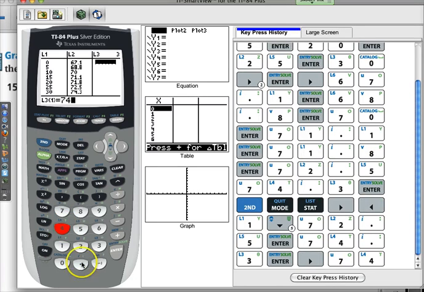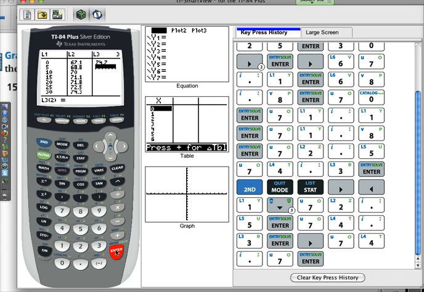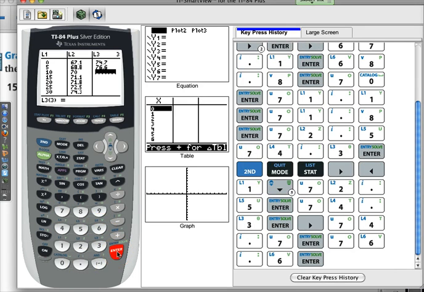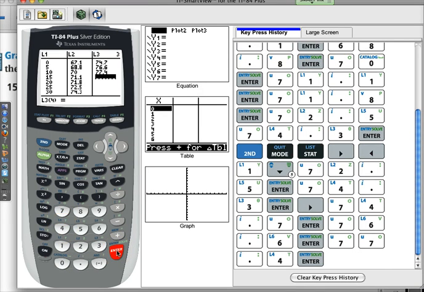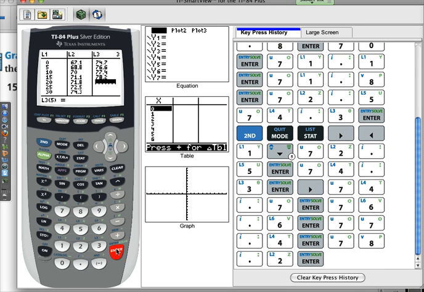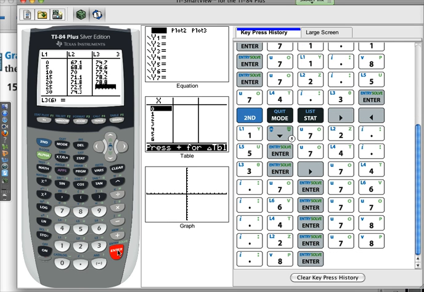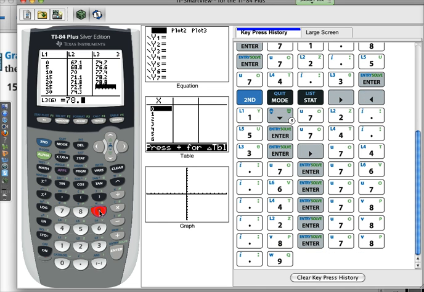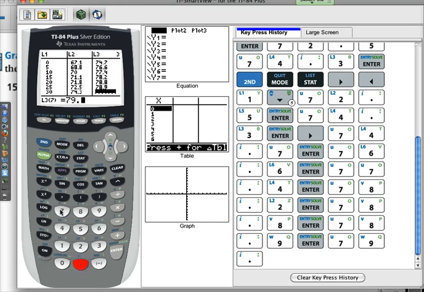So 74.7, 76.6, 77.4, 78.2, 78.8, 78.9, and 79.7. All right, and all is matched up.